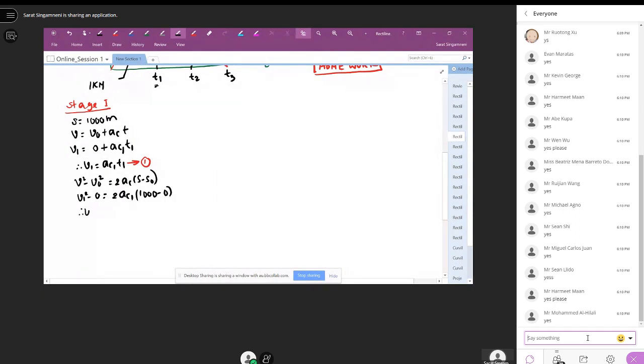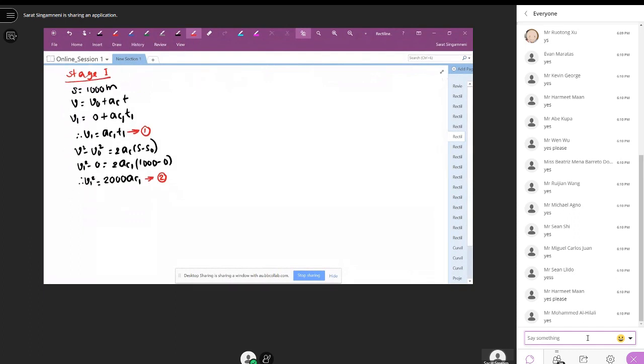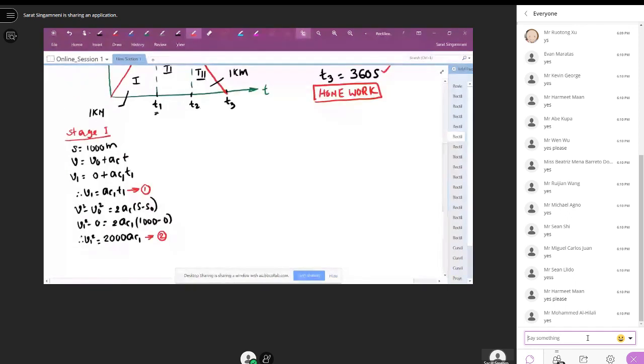From this, V1 squared is equal to 2000 AC1. Let's call this equation 2. We are getting different quantities connected, but we don't know any of them, so we cannot do much with them as yet. So go to stage 2 now.